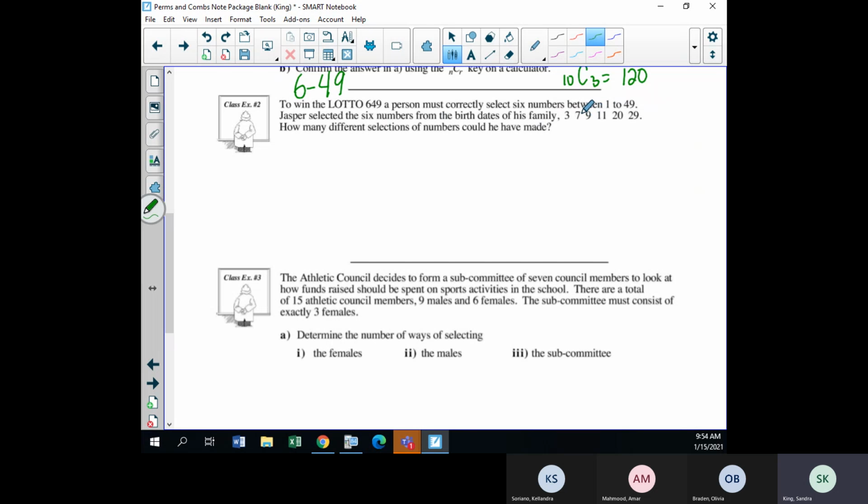Or could they draw the 11 first, and then the 3, and then the 29, and then the 7? It doesn't matter what order they draw them in. If that's the winning combination, you win. So order for the lotto does not matter, because if they draw the 29 first, as long as you have a 29, you're good to go.